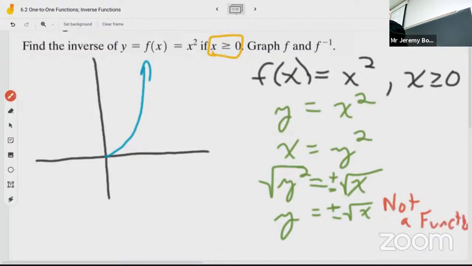But if we think back to saying x has to be greater than or equal to 0, that means we can get rid of that negative there. So we end up with y is equal to just the square root of x. That is a function.